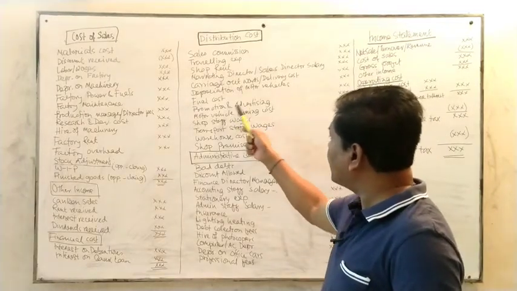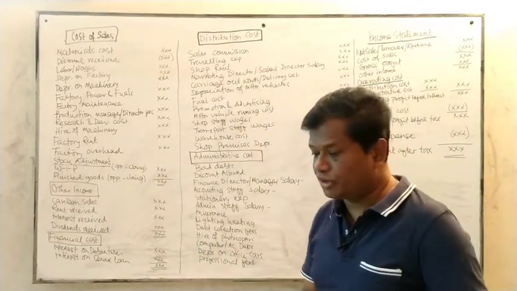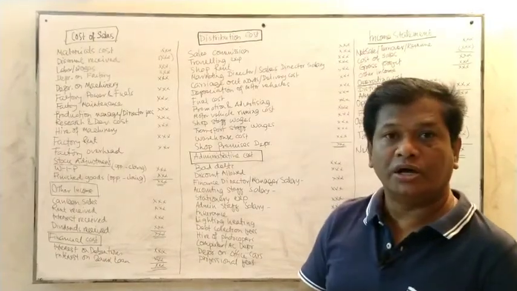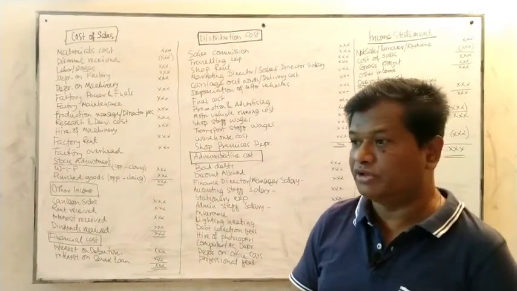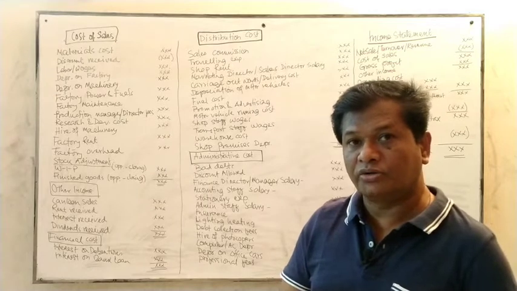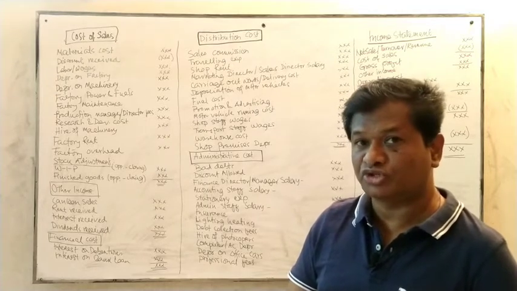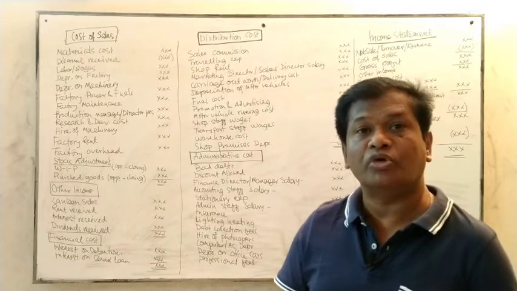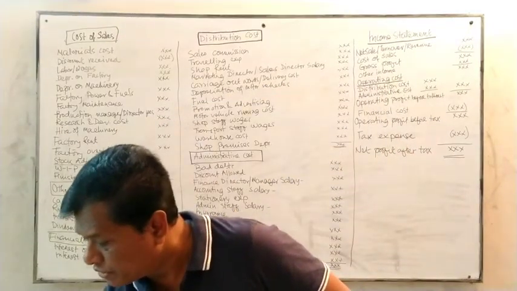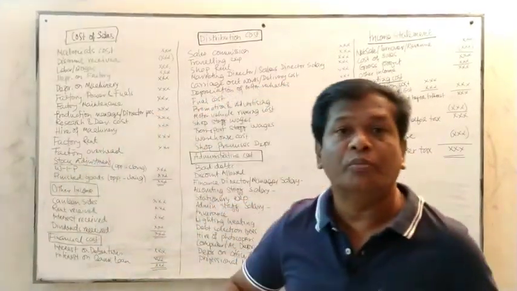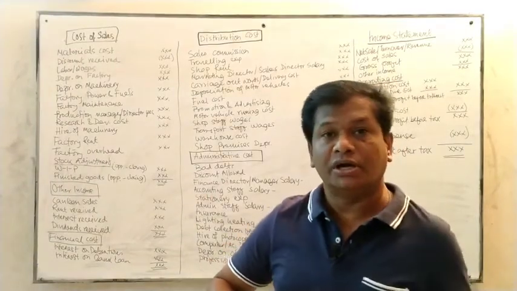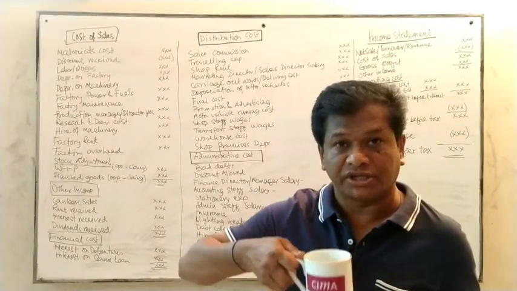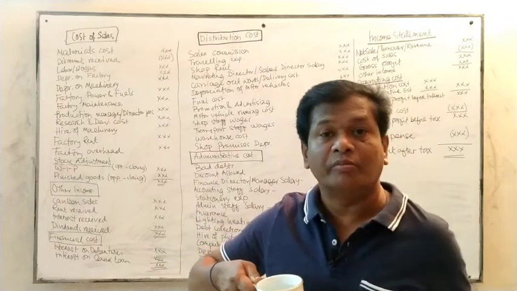Then the promotion and advertising. Whenever you are expanding the business, maybe this is the only way, through advertisement or promotional strategy, that you can get more customers and sell your product more and more to different organizations or different markets.